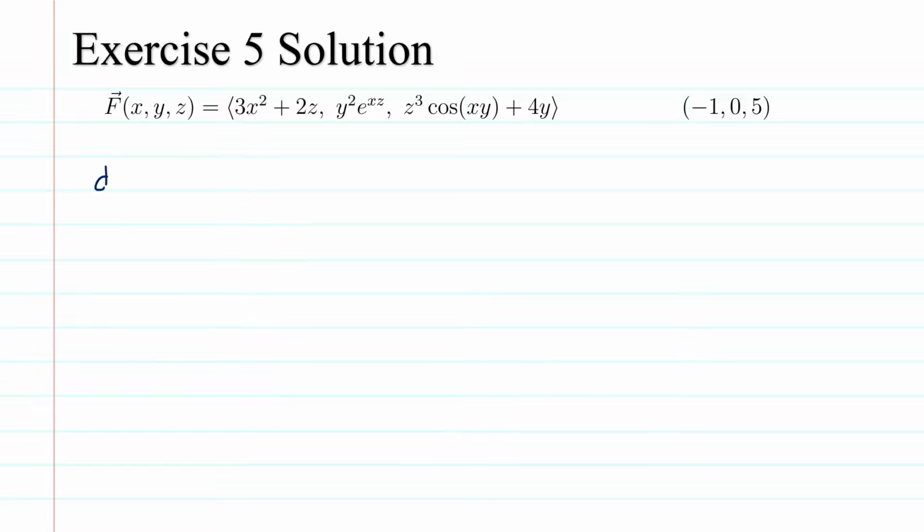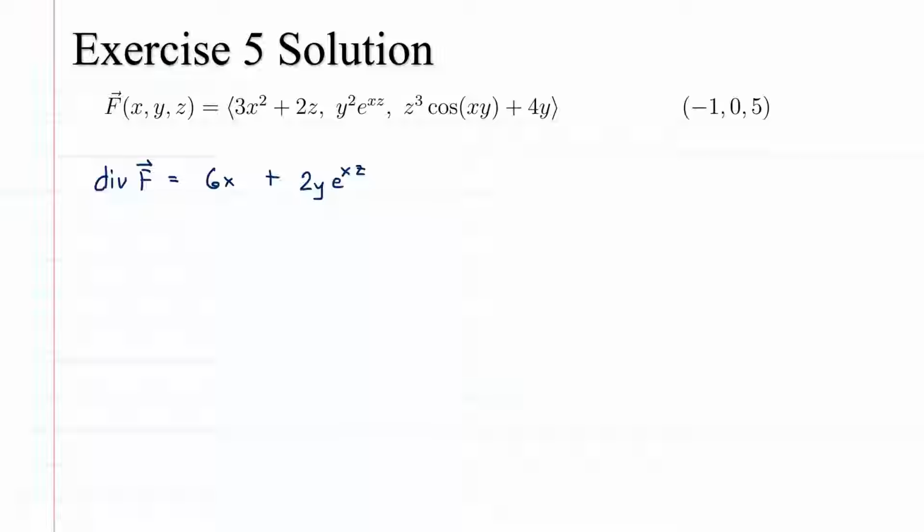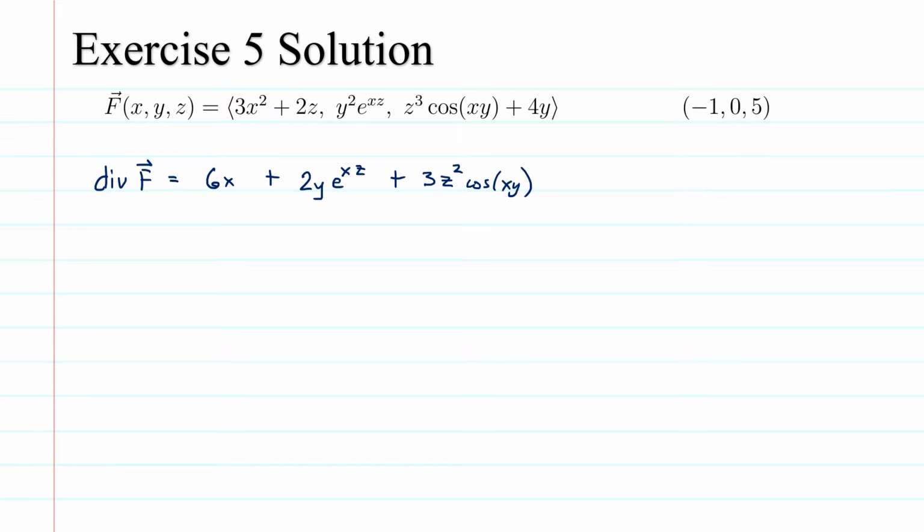una, div f ay equal sa 6x plus 2y e to the xz plus 3z squared cosine xy. Okay, so ito yung divergence ng f at any xyz.